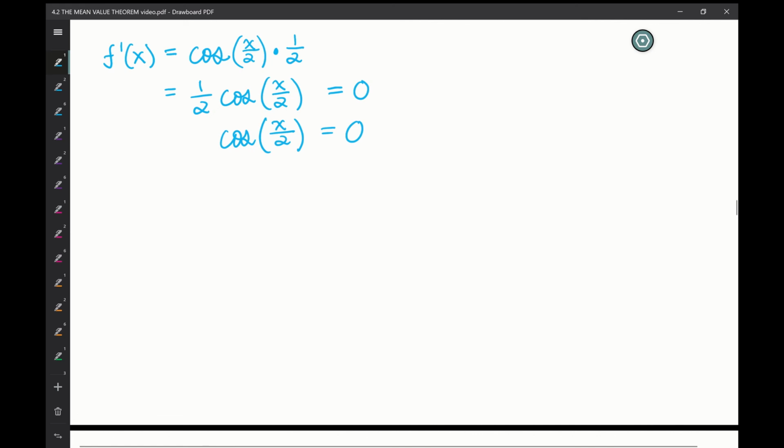There's a couple different ways to do this. One way is to take the inverse cosine of both sides, so we're left with x over 2 is equal to the arc cosine of 0. So that means we're looking at where the cosine of something is equal to 0. Sometimes I like to think of this as the cosine of m is equal to 0.